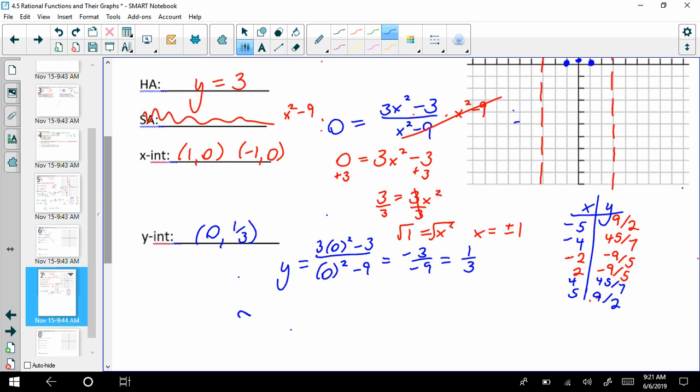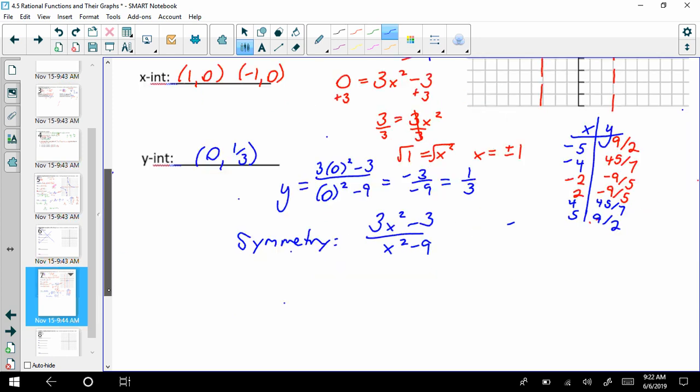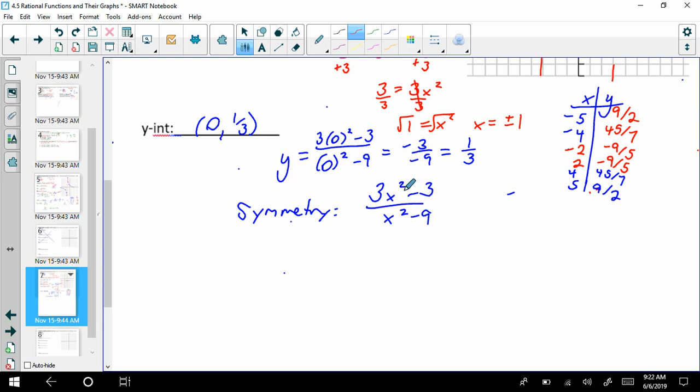If you wanted to know about the symmetry, if I take my original function, which was 3x squared minus 3 over x squared minus 9, and I replace all the x's with a negative x, watch what happens. If I clean that up, a negative x squared is positive x squared.